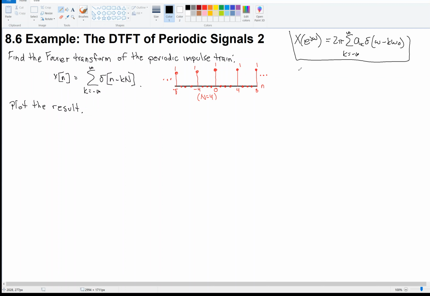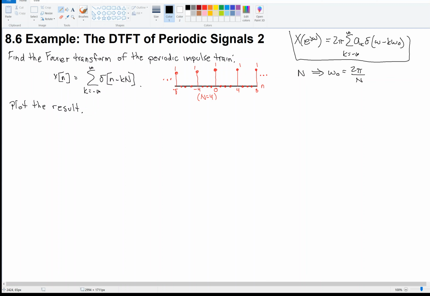And so we see that the period is n, shown with n equals 4, and so the fundamental frequency is 2 pi over n. So we're just form fitting the Fourier transform. Here's the form of it. We just need to specify what the Fourier series coefficients are now. The a_k are the Fourier series coefficients.